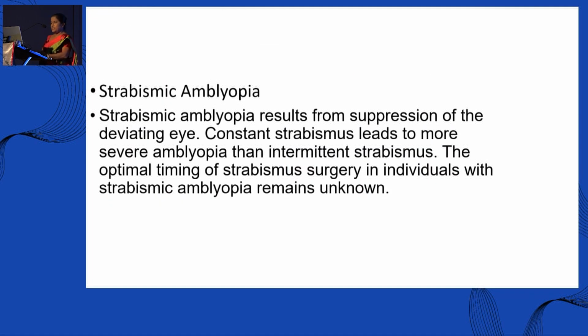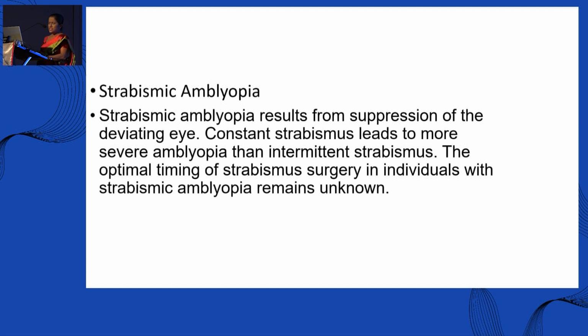And when it comes to strabismic amblyopia, there is suppression of the deviating eye. And constant strabismus leads to more severe amblyopia than intermittent strabismus. So the optimal timing of the strabismus surgery, we have to decide with the individual.